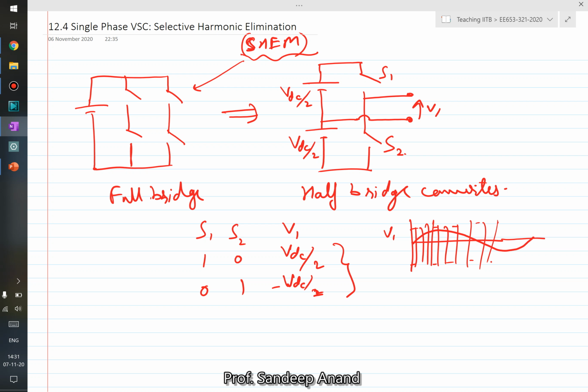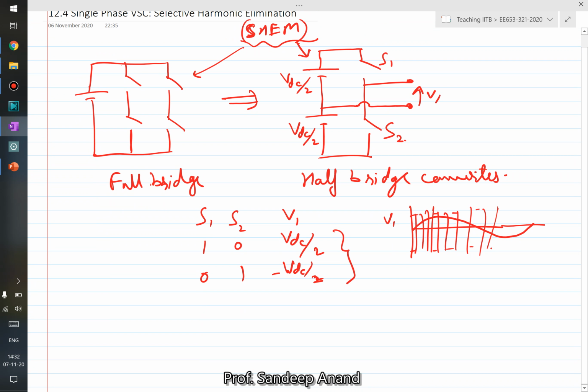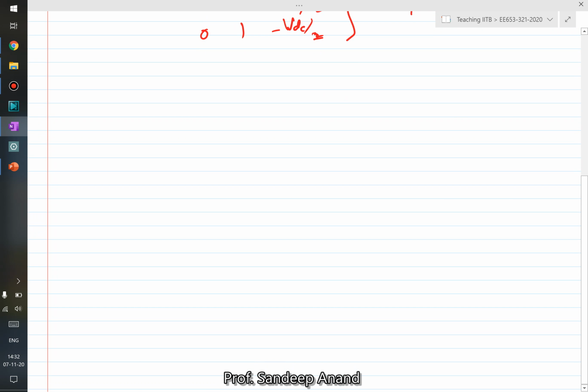Now let us see what this SHEM is and how to apply it in this case. Before moving ahead, let's say if this would have been a fundamental modulation, then how do we do it? Let me redraw the bridge from here. S1, S2, and this is V1.